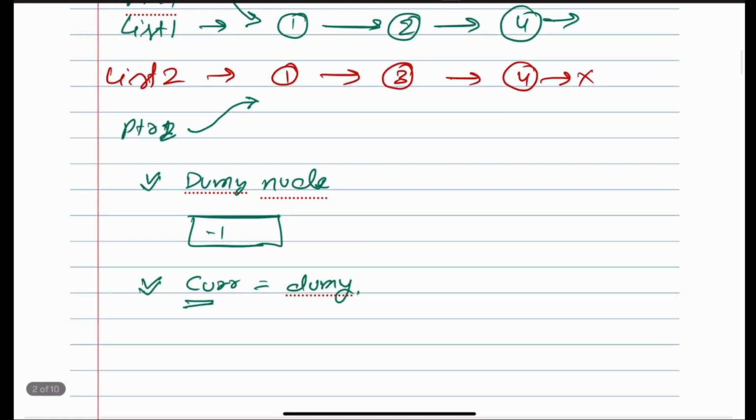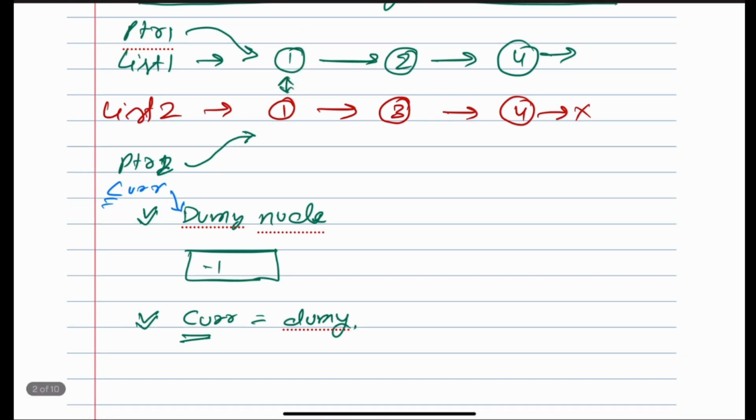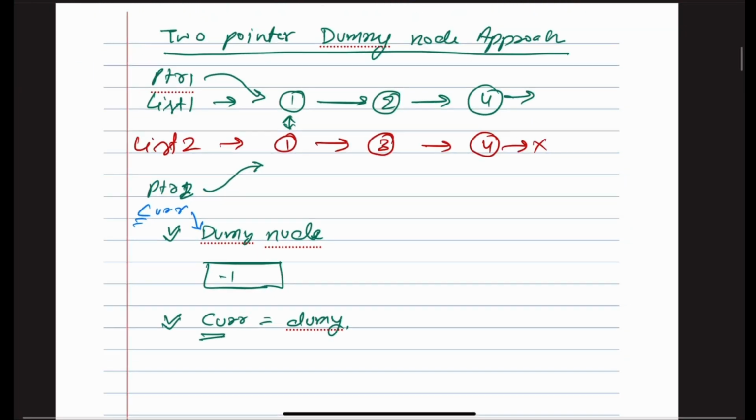Now how will we do this? Initially my current node is pointing to this dummy node, right? Now we will compare the value of node 1 of the linked list 1 and node 1 of the linked list 2. And whichever is smaller, we will make this current node point to that particular node. In this case, you can see that both are equal, so we can take any one of them.